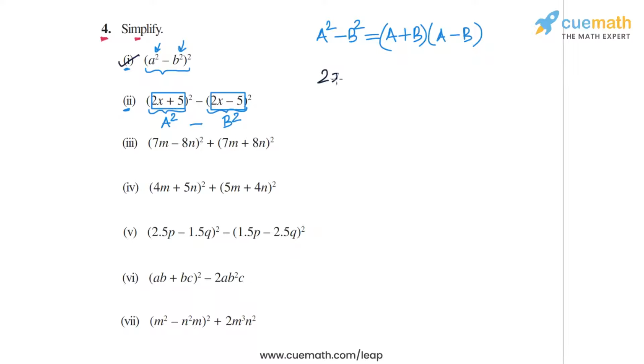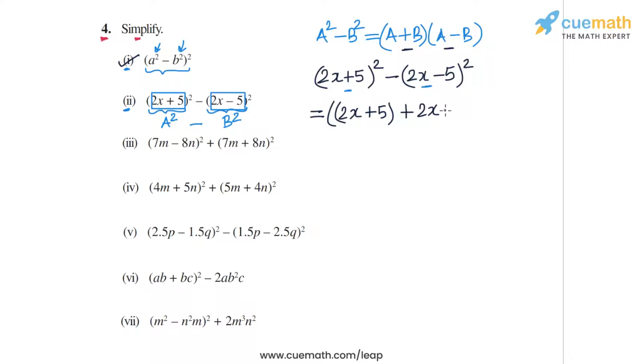So we have (2x + 5)² − (2x − 5)². We simplify this by writing it as a product of a + b and a − b. So a + b will be 2x + 5 + 2x − 5. So this will be the bracket a + b. So 2x + 5 and then 2x − 5.